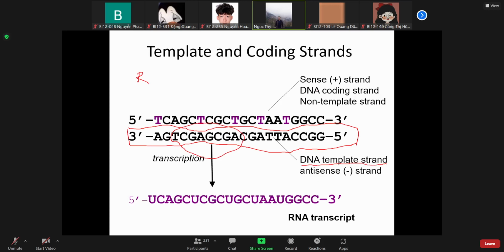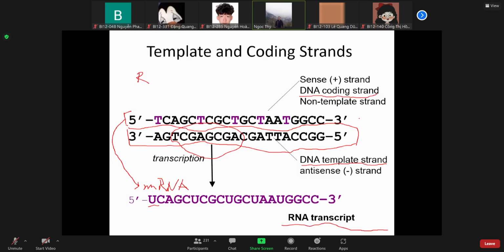The other strand will have the same sequence as the mRNA, replacing only the T thymine with U uracil. So we call it the DNA coding strand, because this strand has the same sequence as the mRNA.